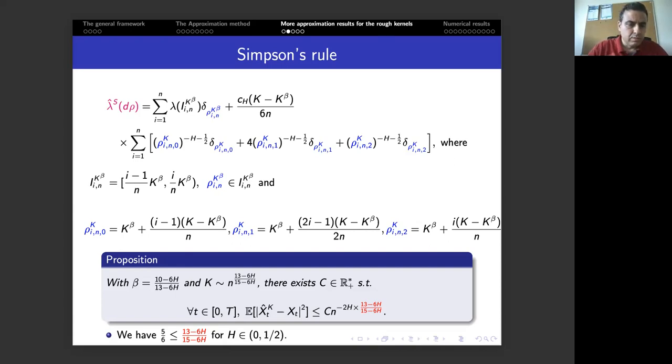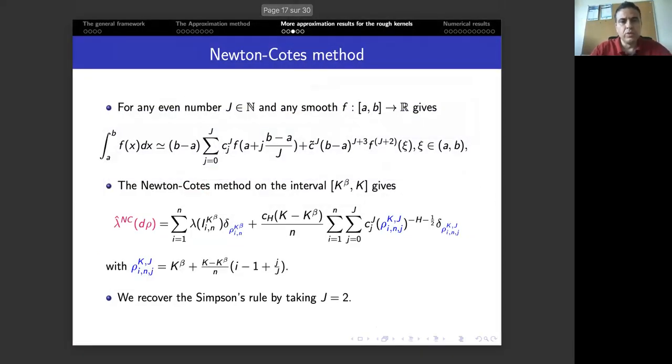Having this in mind, we wanted to go further, and we propose to use Newton-Cotes methods that generalize the Simpson rule to some order capital J. So let us fix an integer j in N and a smooth function f. Let me recall the Newton-Cotes method for computing an integral between bounds a and b.